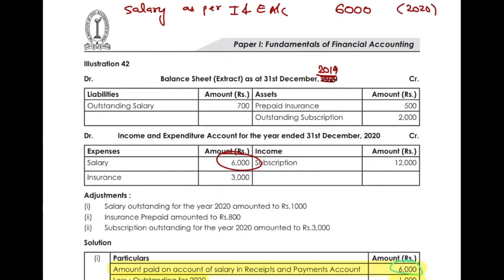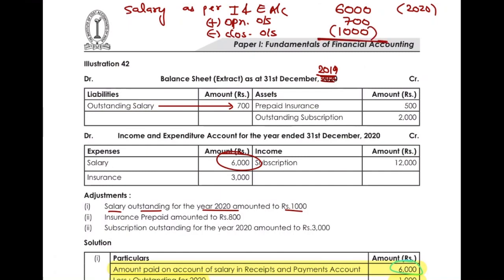But obviously, there was some outstanding from the previous year that might also be paid in the current year. So plus opening outstanding, and I will deduct the closing outstanding because that has not been paid in the current year. So salary outstanding during the year 2020 is 1,000. This is not paid in the current year.